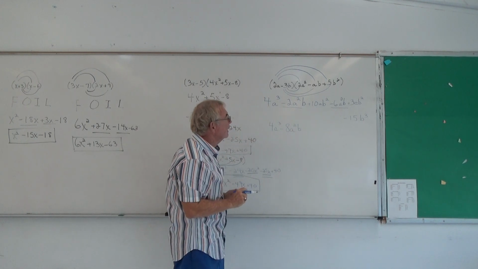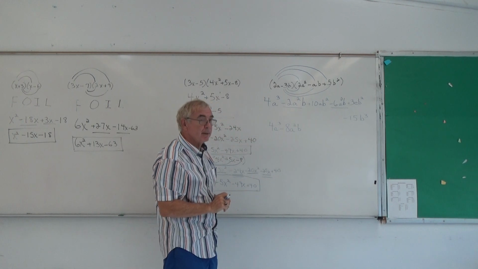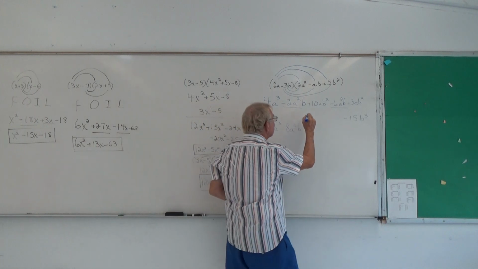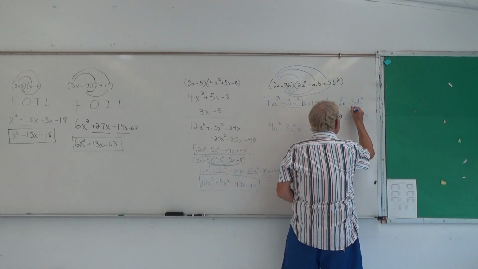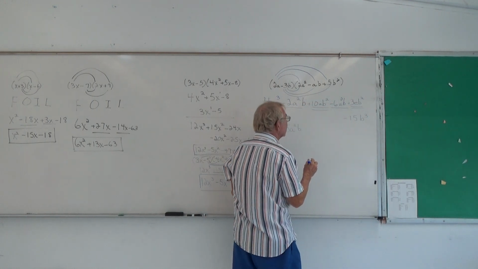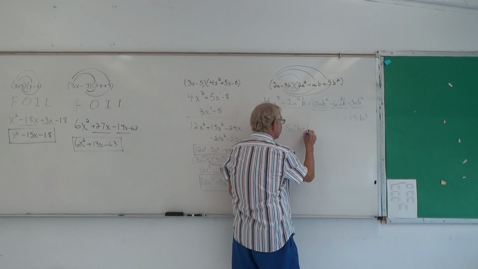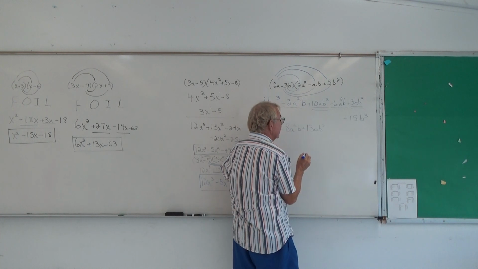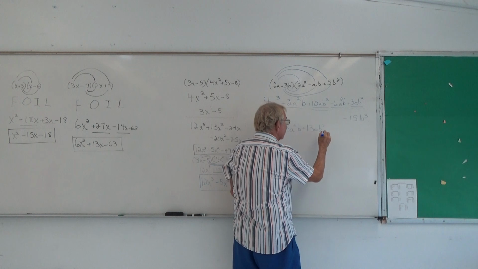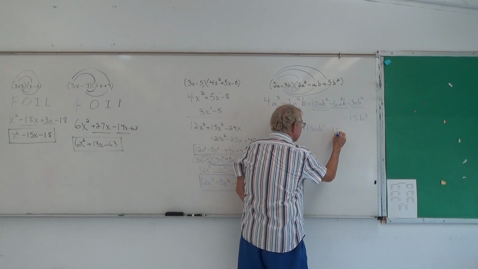Good. Now let's look for the a, b squared terms. There's 10 of them, and there's 3 of them. And 10 plus 3 is 13. And that leaves us the -15b cubed.